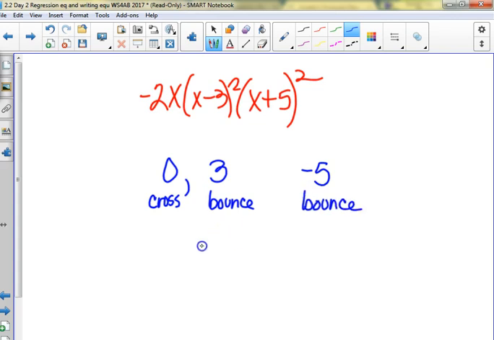Good job. Anybody use some different vocabulary to mean the same thing? Yeah, okay. Crosses, kisses the graph, or kisses the x-axis.